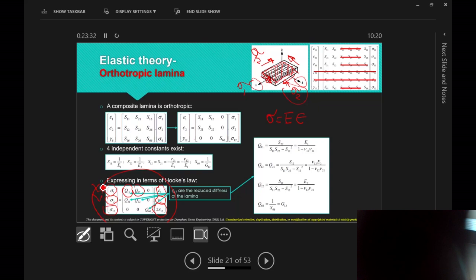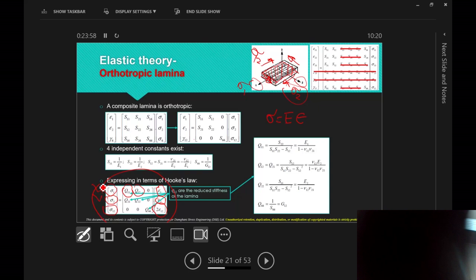Okay? Sigma 1, 2 equals Q times epsilon 1, 2, with zeros in the other components. The Q's, we call them reduced stiffness of the lamina, and what they are is there. If you look at Q11, it's modulus of elasticity in direction 1, Poisson's ratio 1, 2, 2, 1. Q12 and Q21 are symmetric, so that's the same.